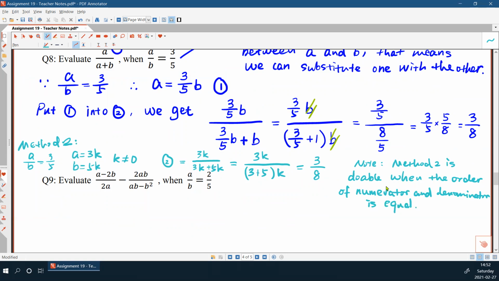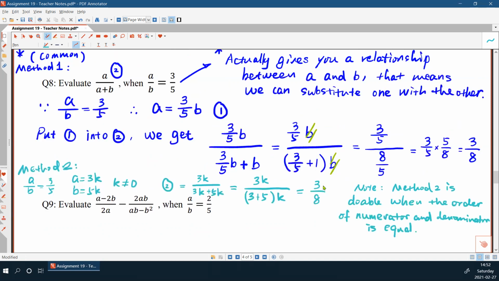Why? Because once the order of the numerator and denominator is equal, you can cancel the k. Otherwise, when they are not equal, there will be a k left in the denominator or the numerator, and you cannot cancel them totally. So this should be paid attention to.